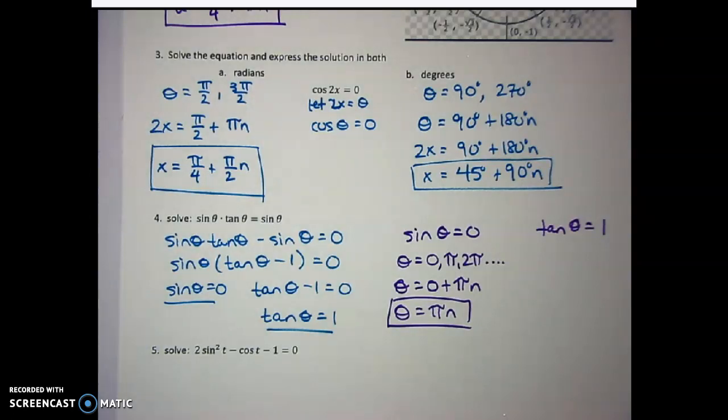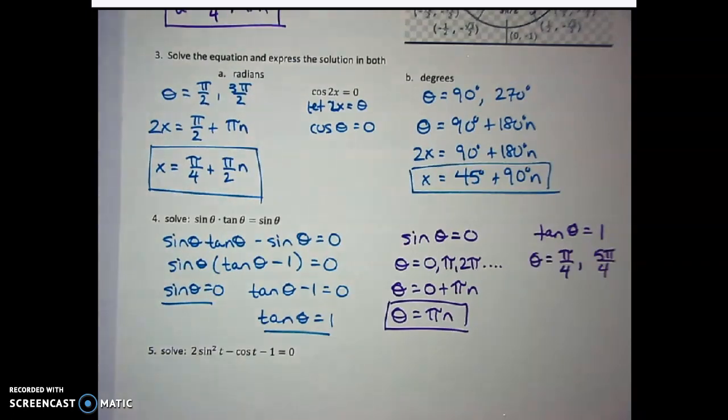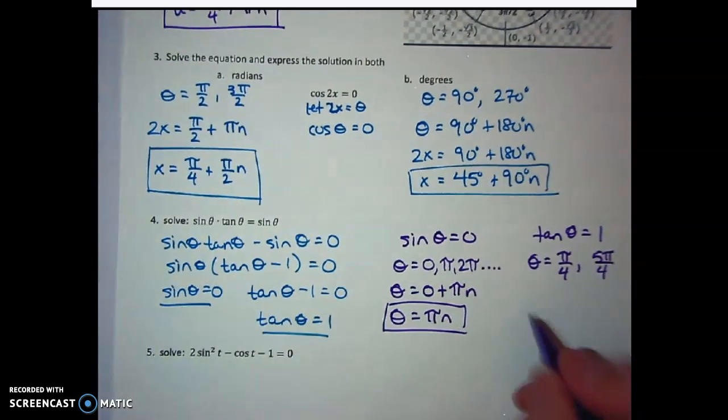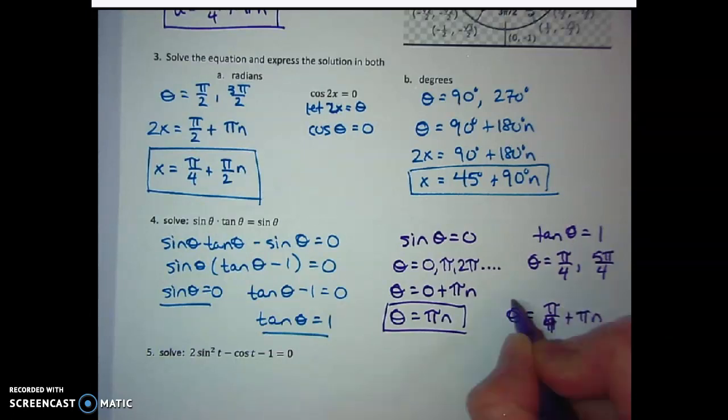When is a fraction equal to 1? When the numerator and denominator are equal to each other. So when on the unit circle is the sine and cosine exactly the same as each other? Those occur in the first and third quadrant, which we can then write our general solution. They are a whole pi away from each other. So this is pi over 4 plus pi n.